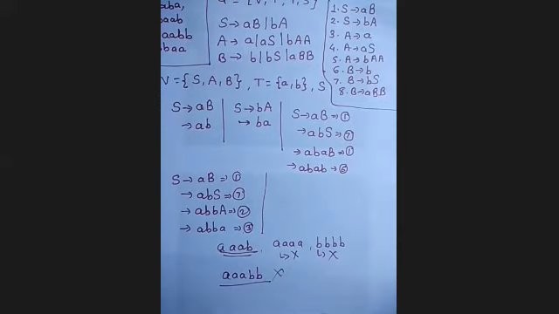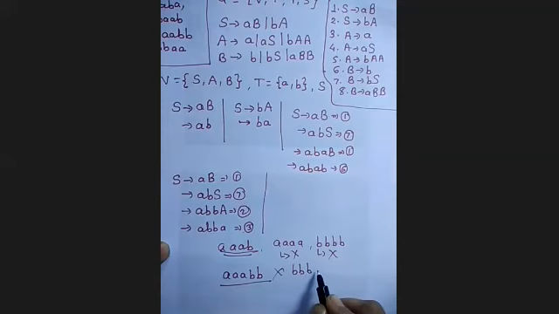Okay, Saurabh, you are telling me a string of length 6. Atul, you are saying triple B and 2A's. Now you only tell me how you have derived the string. Tell me the rules.